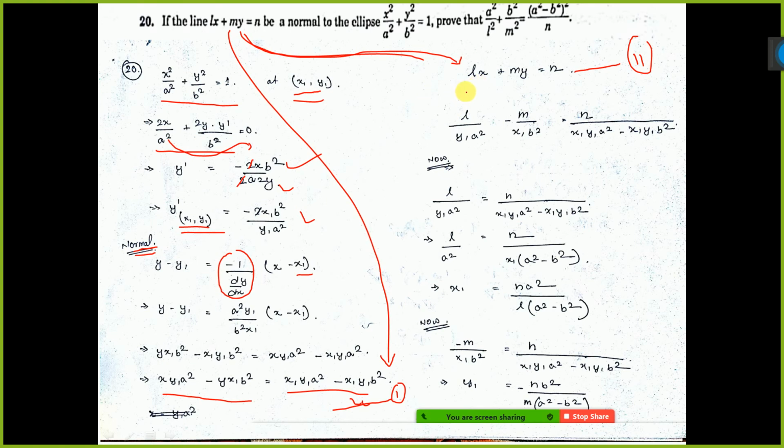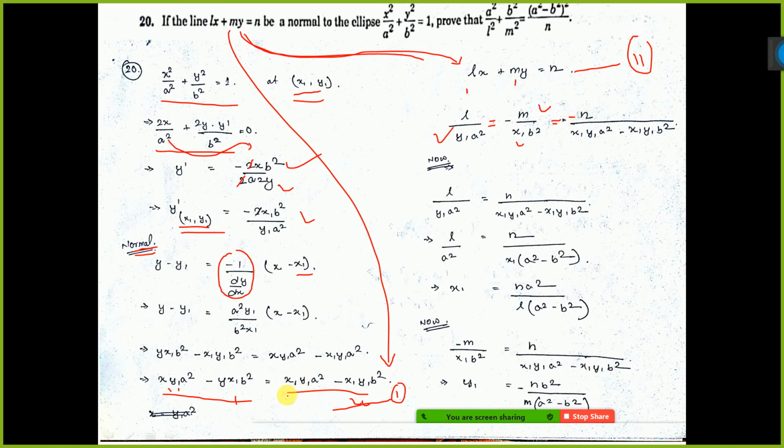So if it is the same line, then coefficient of x by coefficient of x, that is y a square, is written. Again coefficient of y, here it is the equal sign. So coefficient of y, that is m, and coefficient of y here, minus x1 b square. So that is minus x1 b square written. Minus down, it will go up. Again here is the equal sign. n is coming to this side, so it will be minus n.